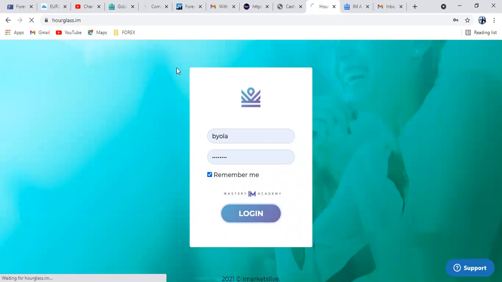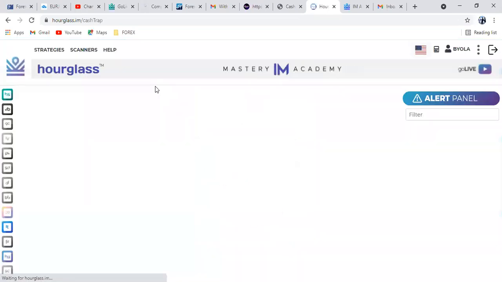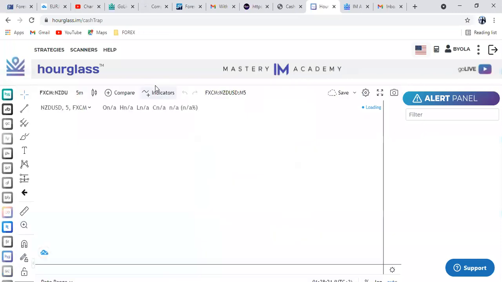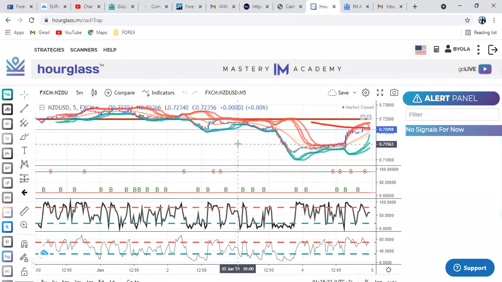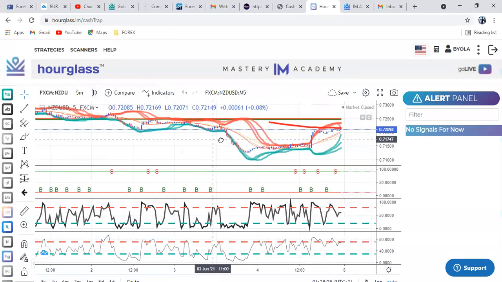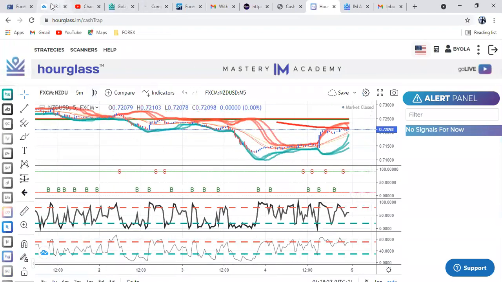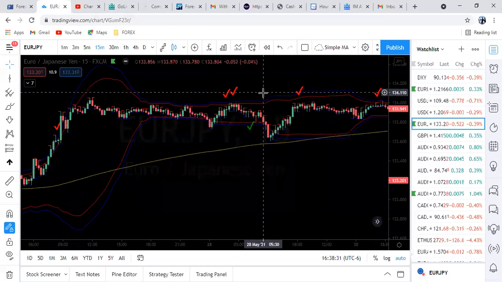Especially when the educators are calling out the trades and you just want to double confirm the zones for either the calls or the puts. Whatever it is, you have done your analysis on the cash trap and you're now trying to double confirm your entry, okay? So this is the regular TradingView chart.